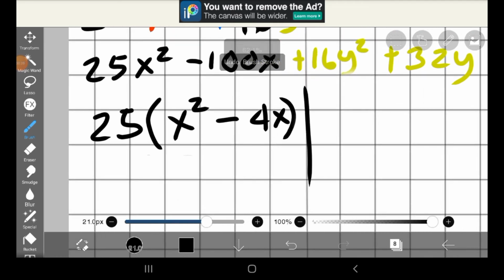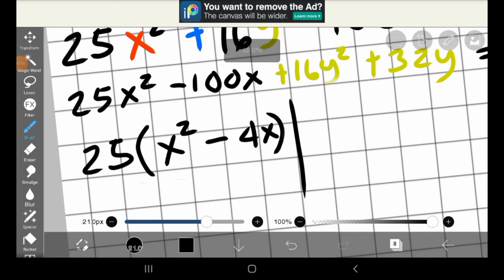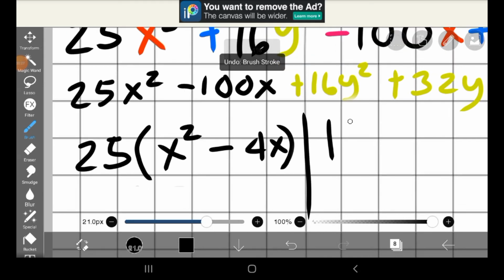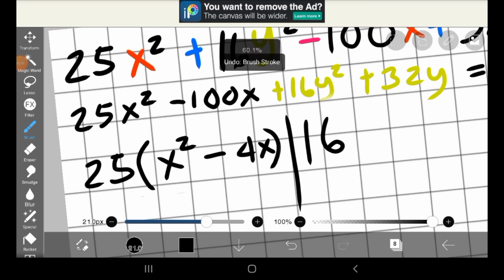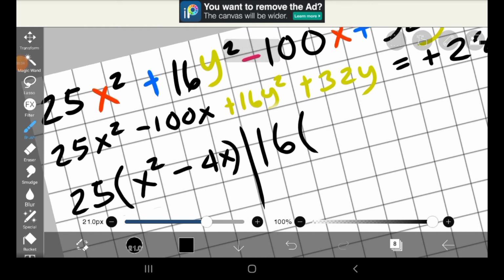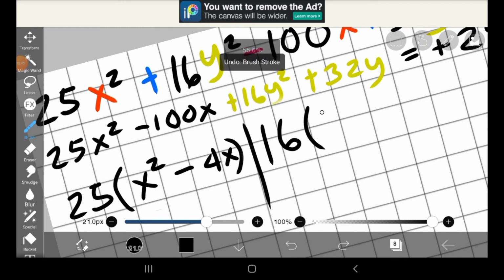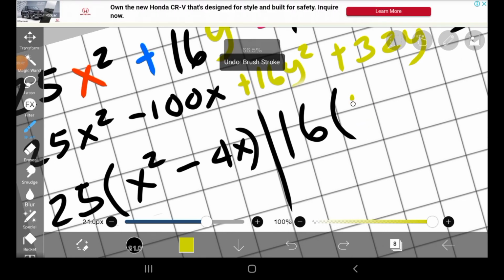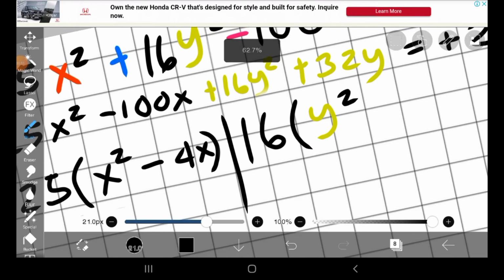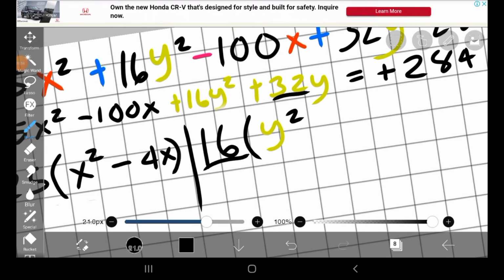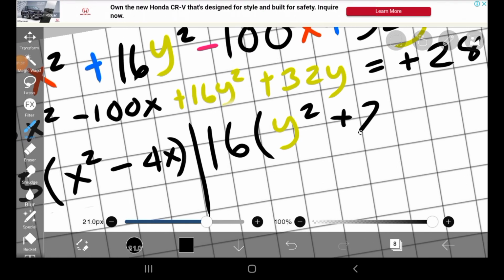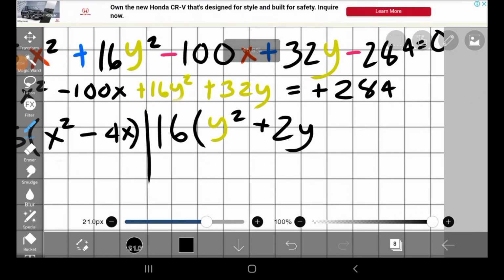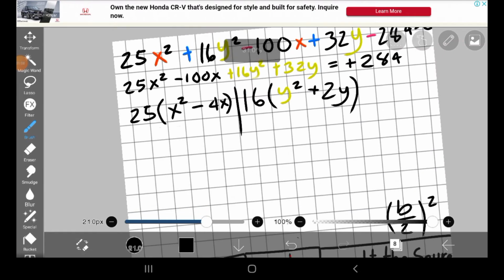To factor it, we will use its own number, so 16 here, then close parenthesis. 16 divided by 16 is 1, so we just put y squared on it. 16 divided by 32 is positive 2, y. Ta-da! Now you are done factoring it.